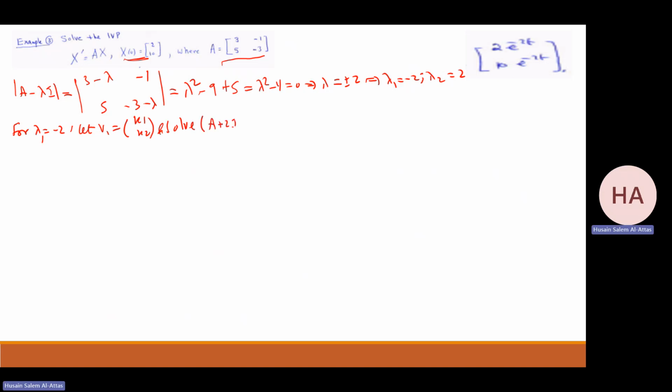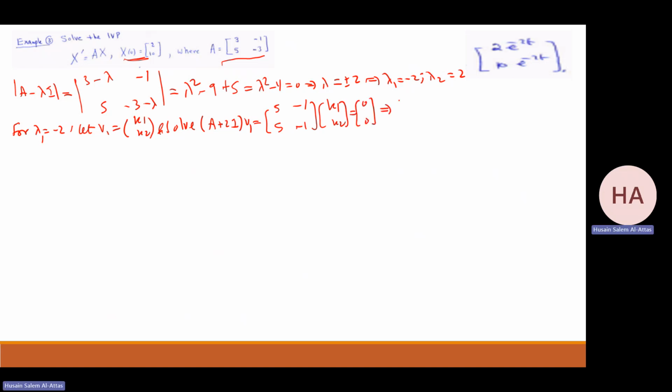A plus 2I times V1, which is 3 minus minus 2, that will be 5, minus 1, 5, minus 3 plus 2, minus 1. Very clear. Equals 0, 0.